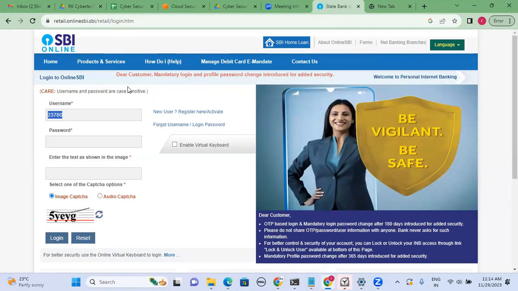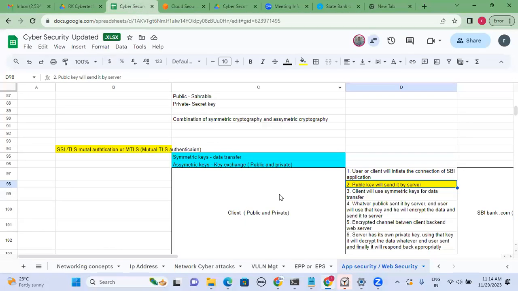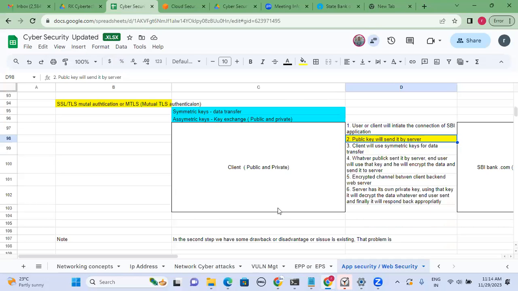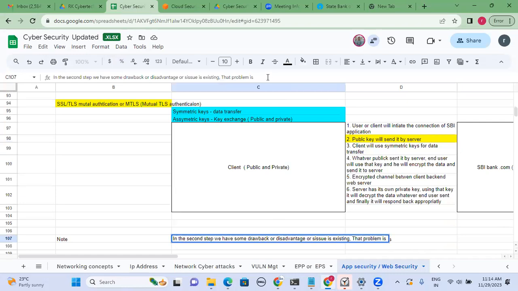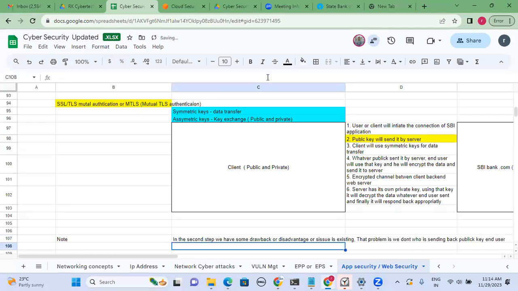So how can you show whether the server really responded or someone responded on behalf of this server? That problem is we don't know who is sending the public key back to the end user. Clear? So that is the drawback now.